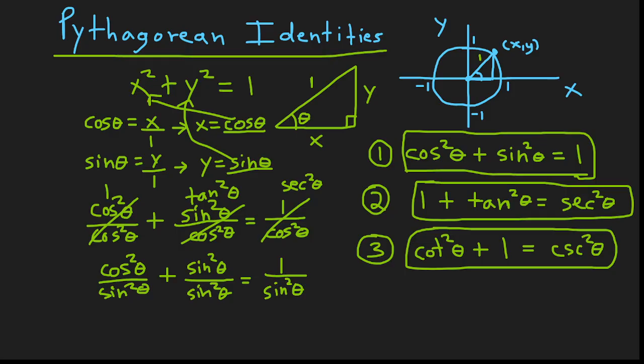And these are very helpful identities to use when simplifying trigonometric expressions, or even solving trigonometric equations. And also they're very useful for calculus as well when evaluating integrals or just simplifying any kind of expression or an equation.